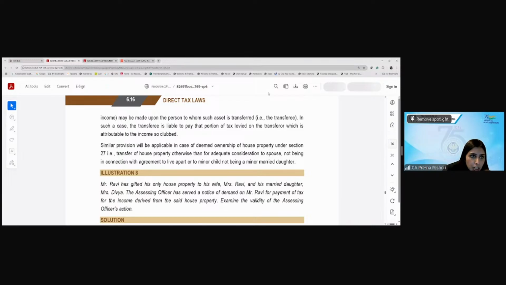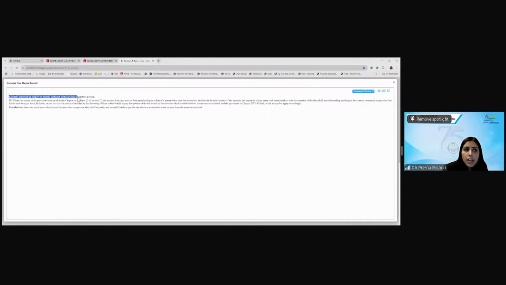but whether the tax can be recovered from Ravi, for that purpose, I'll take you to section 65. Liability of person in respect of income included in the income of another person. What does 65 say? Where by reason of the provisions contained in this chapter, which is clubbing, or in clause 27(1), which is deemed owner, the income from any asset, right, or from a membership in a firm of a person other than the assessee is included in the total income of the assessee, the person in whose name such assets stand, notwithstanding anything to the contrary in any other law, shall be liable on the service of notice of demand by the AO to pay that portion of tax levied on the assessee which is attributable to the income so included.